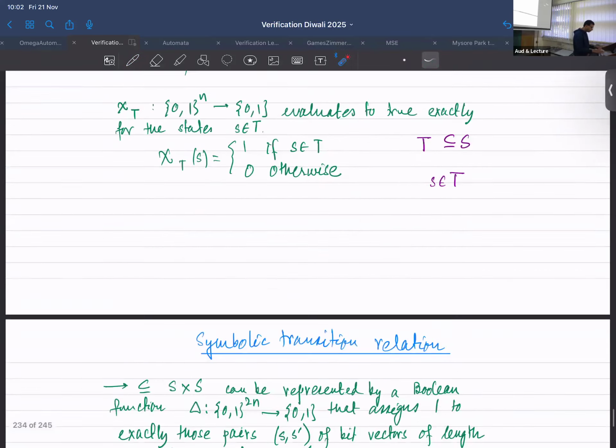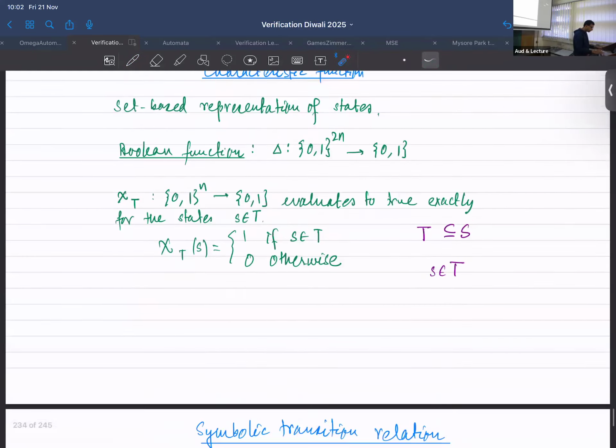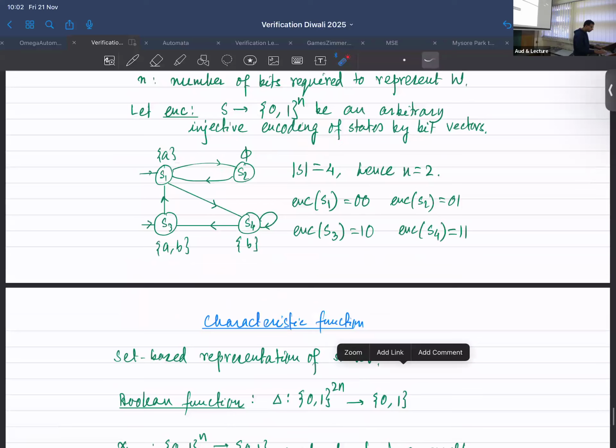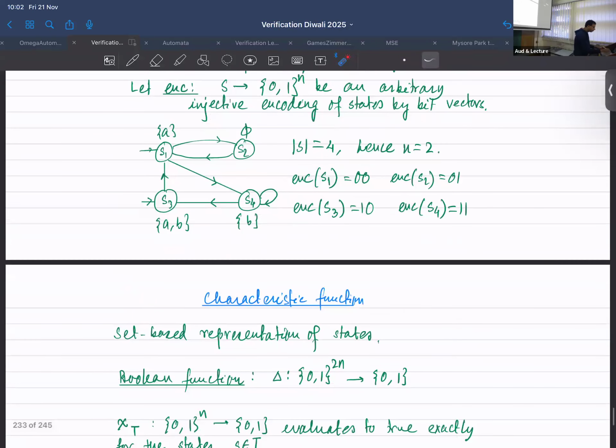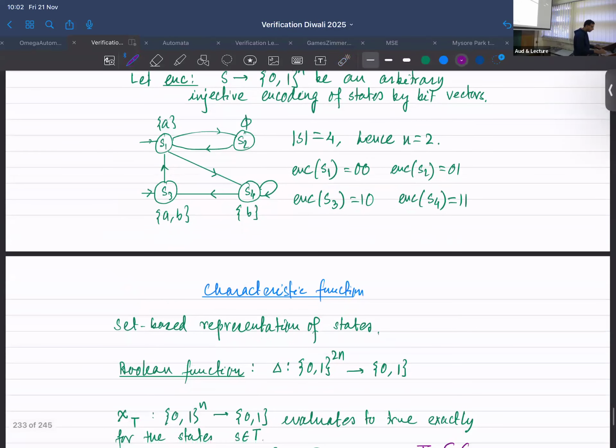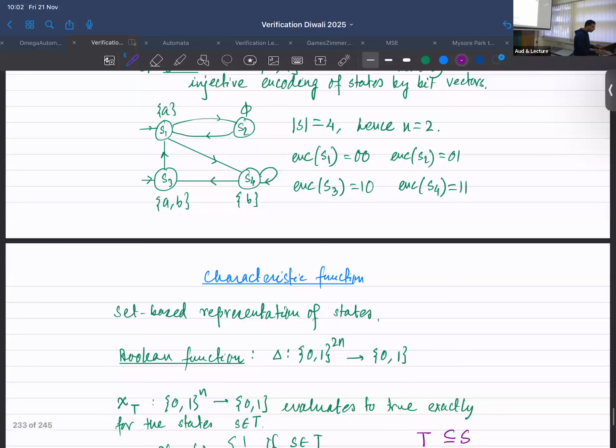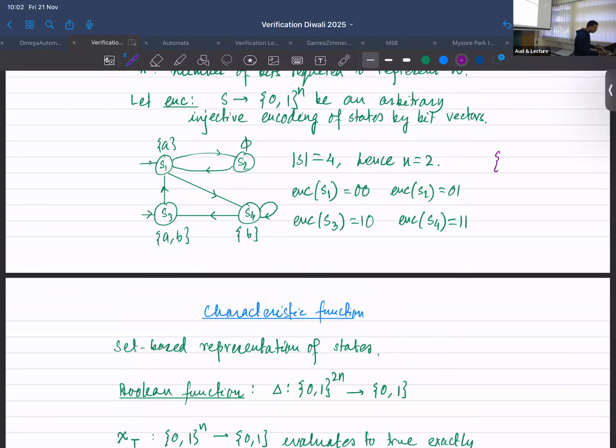Okay, so let's see. Maybe we can try to see, for example, if I have just S1, S2, these two states. So you have 0, 0, and you have 0, 1.